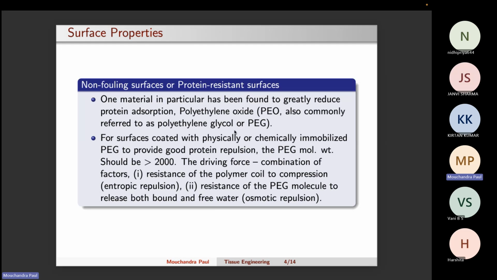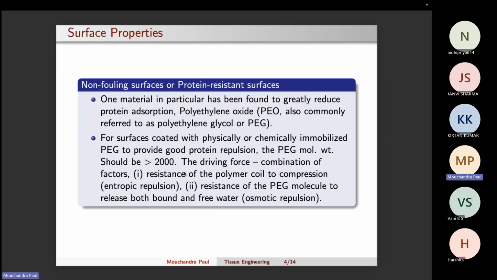This is a very common way of making a surface non-fouling. A surface can be coated physically or chemically: you can either reversibly adsorb this polymer onto any surface, or you can chemically immobilize it onto the surface.